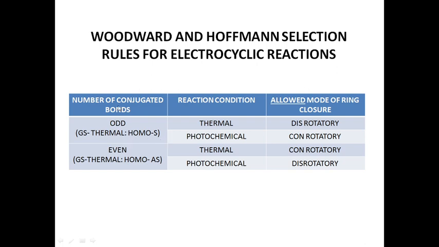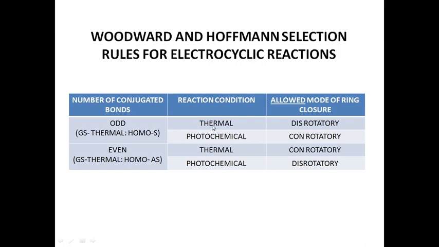When the number of conjugated bonds is even, the ground state or thermal state HOMO is asymmetric. We have seen both the examples, diene and triene. So you have to see if the number of conjugated bonds is odd or even.